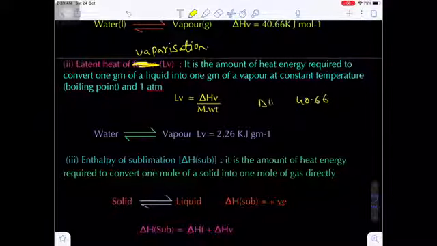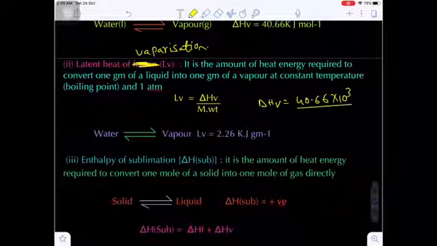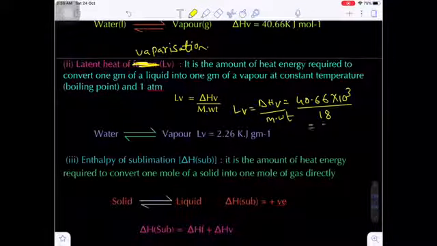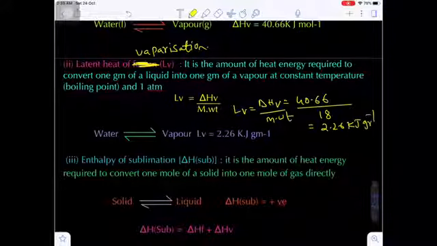That will be 40.66 kilojoule per mole. I am dividing by molar mass. So you will get the latent heat of vaporization, which is nothing but 2.26. Actually it is in kilojoule, so no need to multiply with 1000. So directly we can write 2.26 kilojoule per gram.